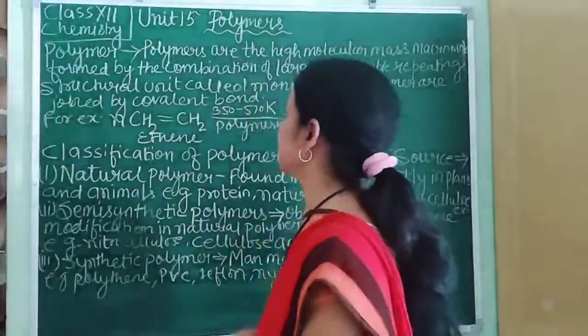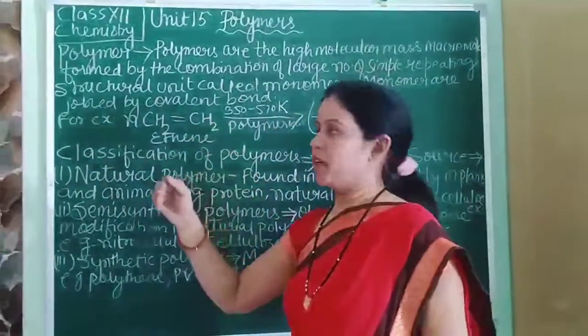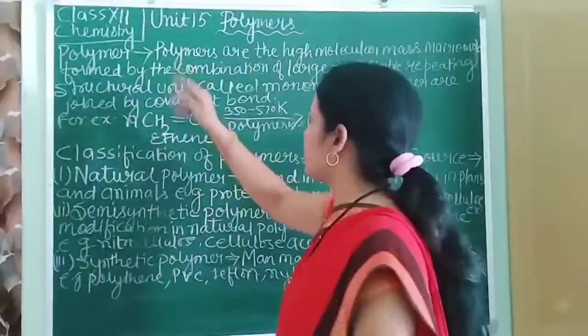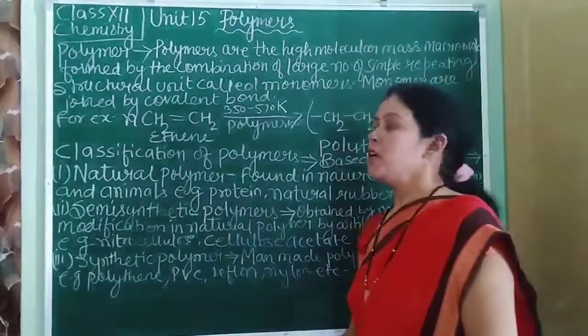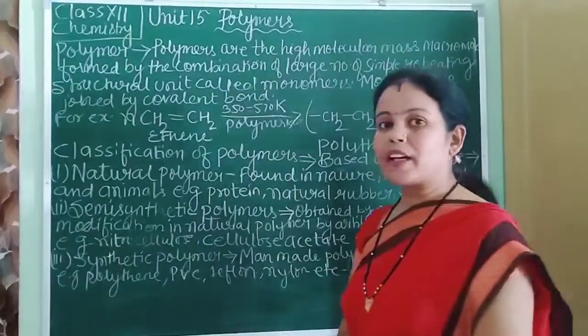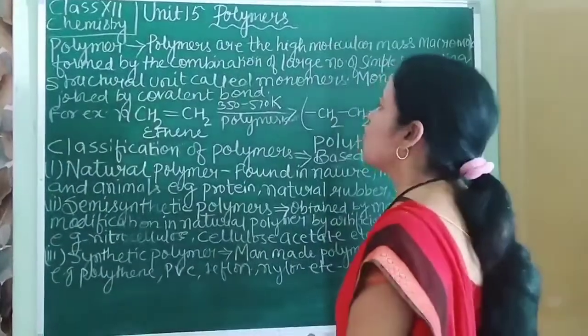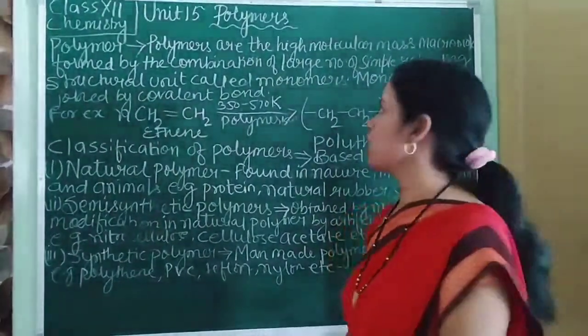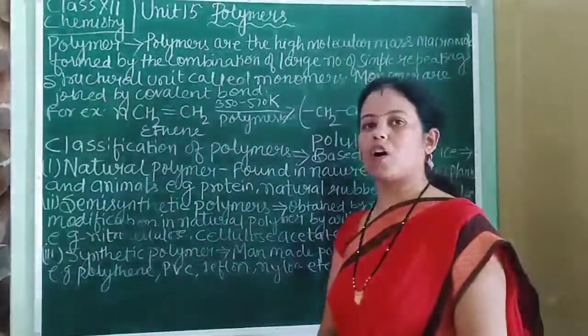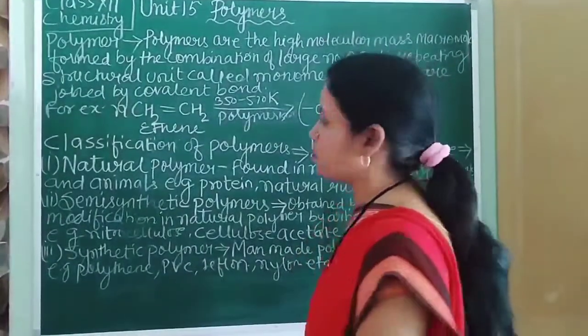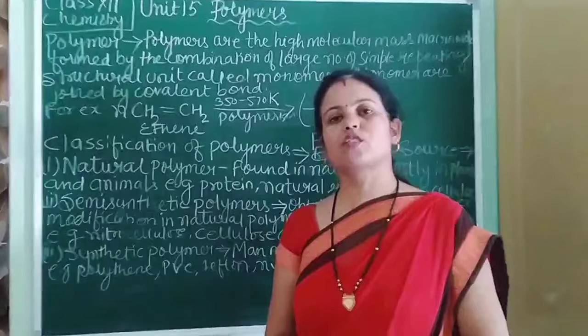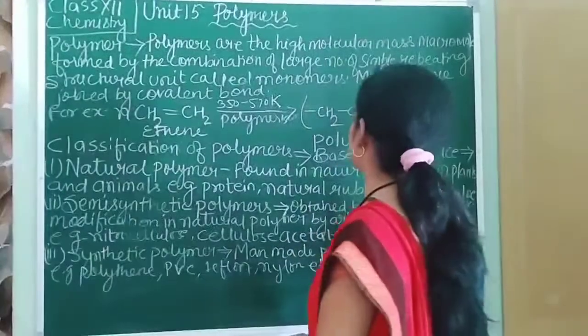So today we will see what is polymer. I am defining the polymer. Polymers are high molecular mass macromolecules. Macromolecules means big molecules formed by the combination of a large number of simple repeating structural units called monomers.